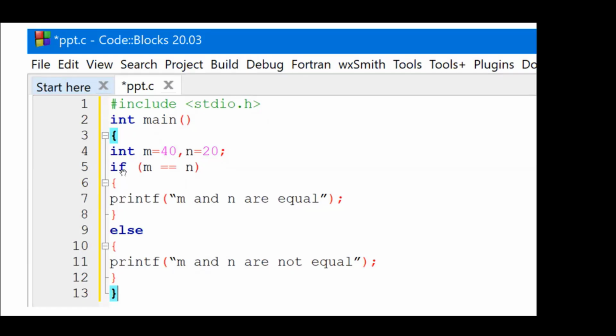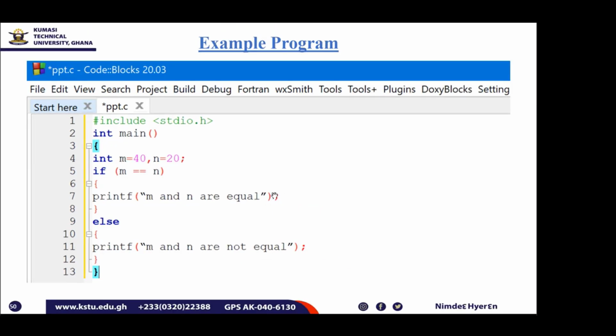Else, m and n are not equal, which is printed in line 11. Any question?